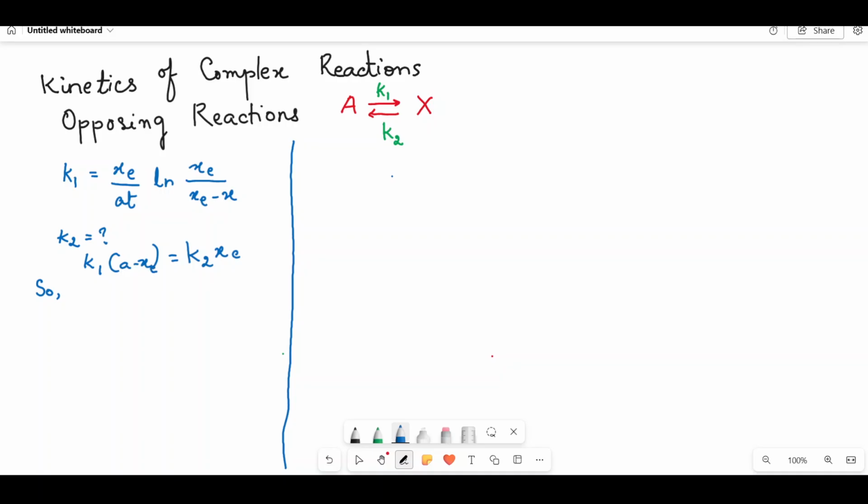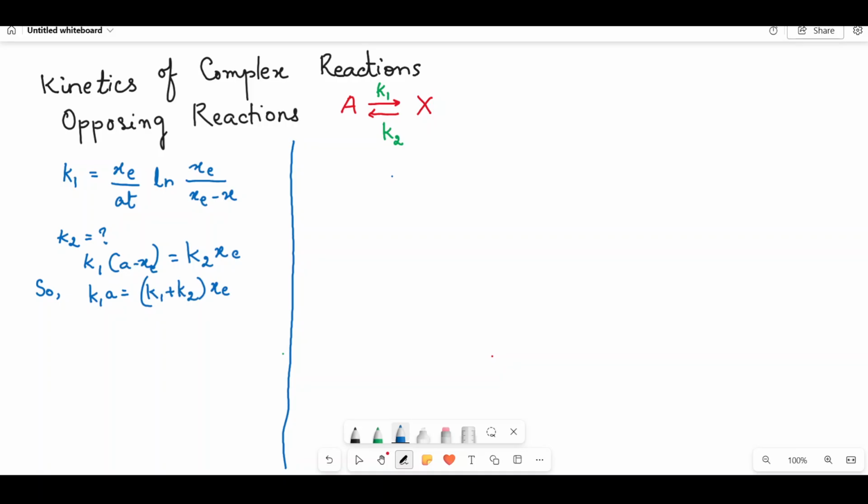K1A minus K1Xe, so K1Xe and K2Xe can be brought as common, that is Xe we can take out as common. So what we have now is K1A is equal to, if I take it on this side, the negative symbol will become plus, so it will be K1 plus K2 times Xe.